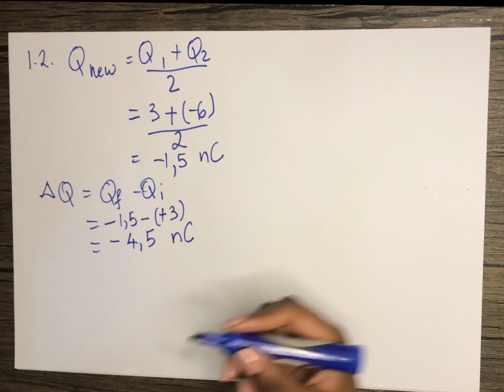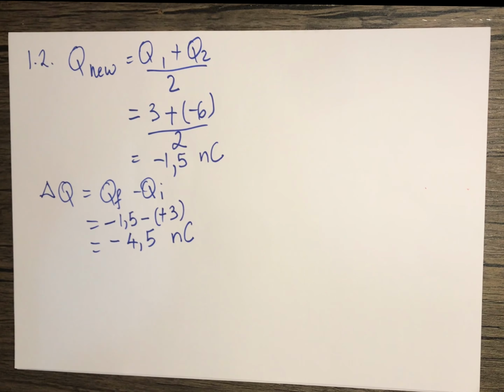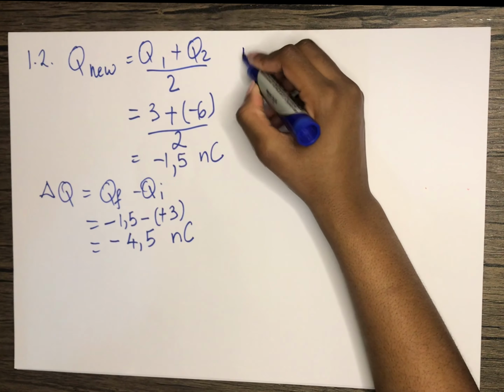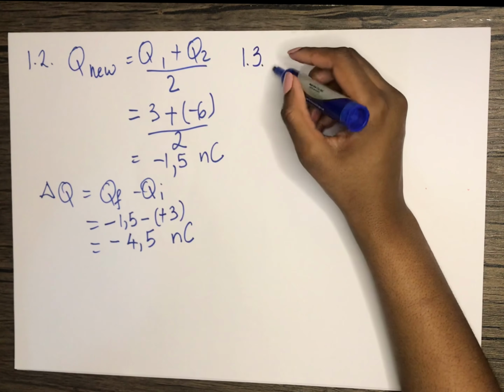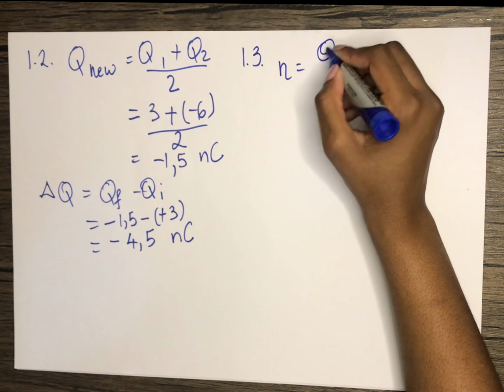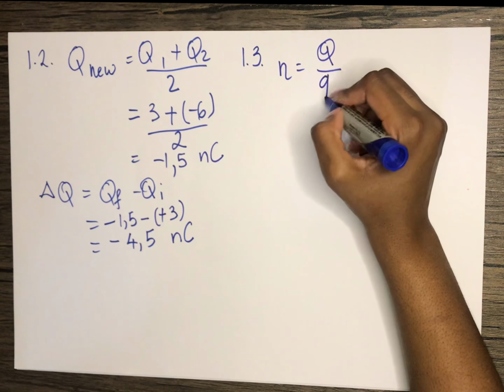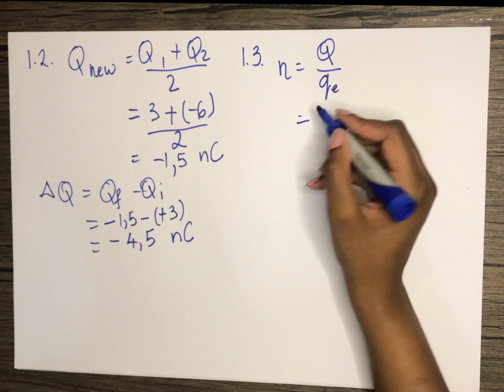Then the next question said, calculate the number of electrons transferred during the process. So now we speak about quantization of charge. N is equal to Q over Qe, right?